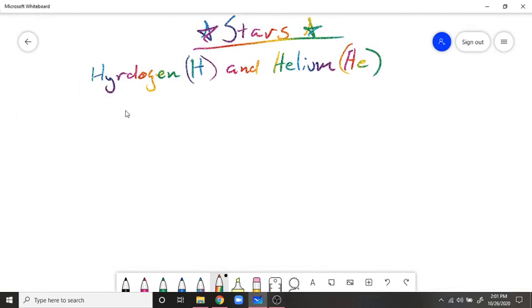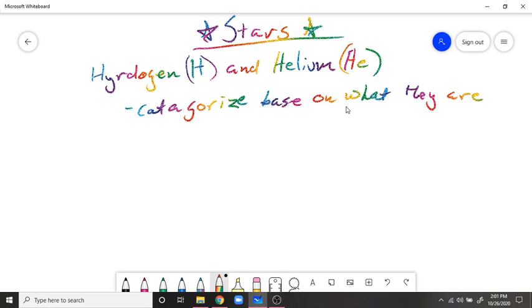We categorize stars based on what they are made of, and how hot they are.